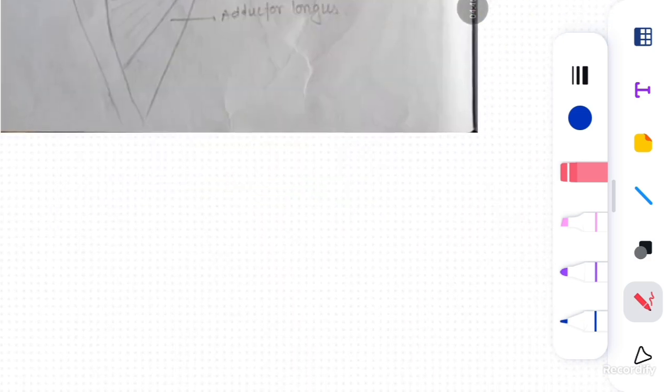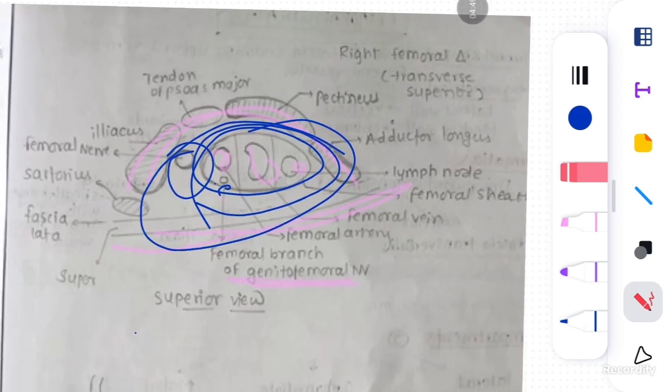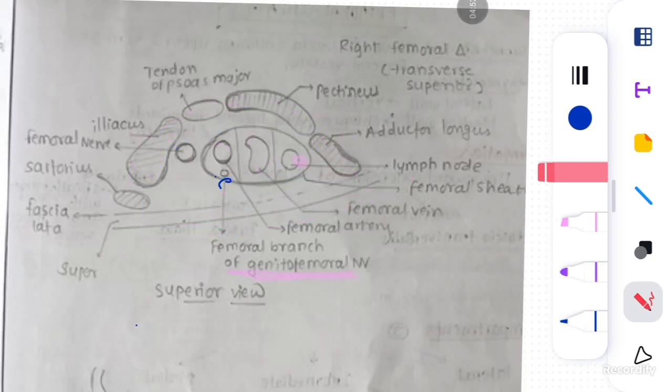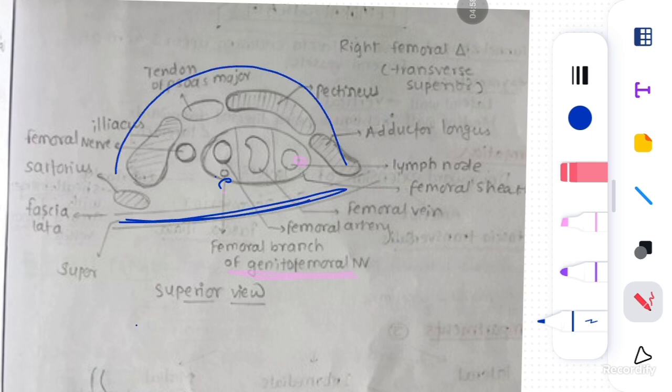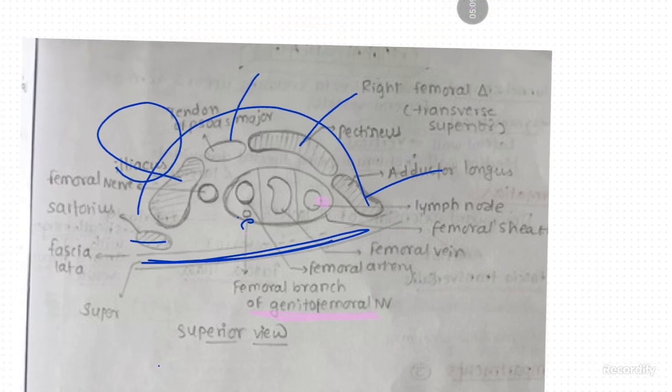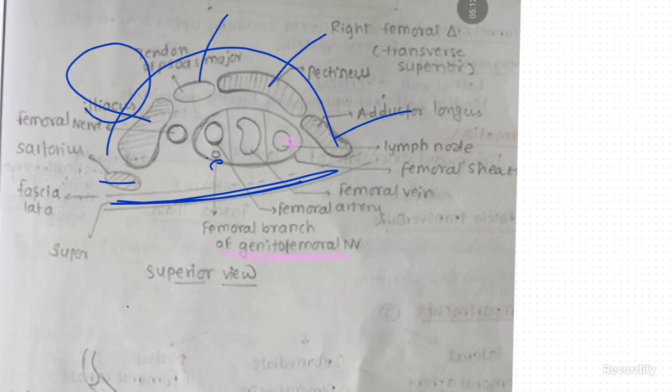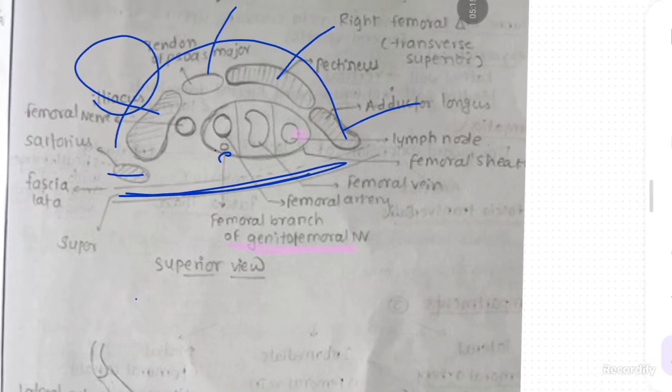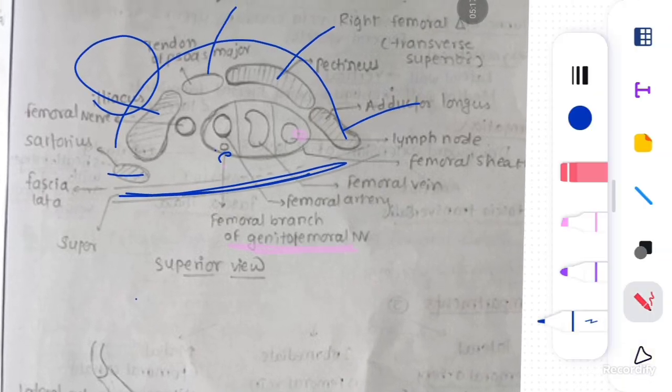Then we see the superior view of the femoral triangle. It contains the inguinal ligament and these muscles, from lateral to medial: iliacus, tendon of psoas major, pectineus, and adductor longus. This oval shaped femoral sheath contains the femoral artery, genitofemoral nerve, femoral vein, and deep inguinal node.